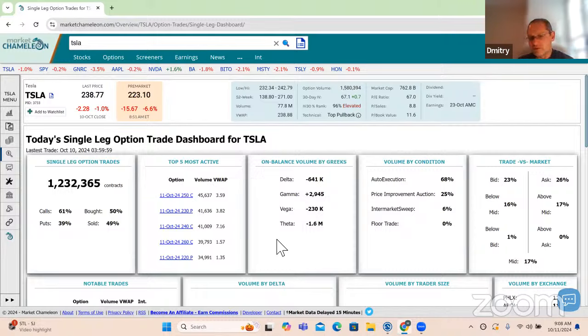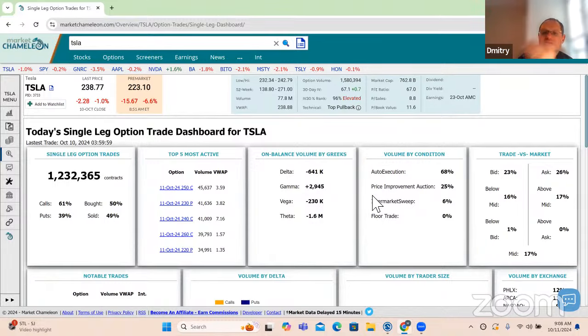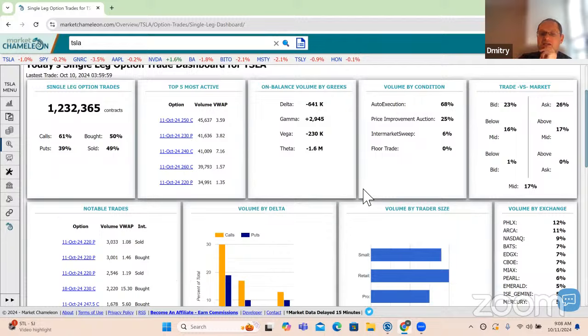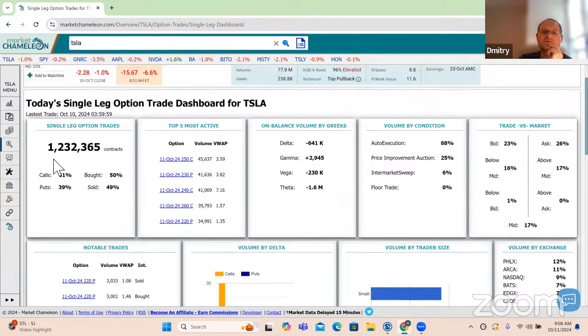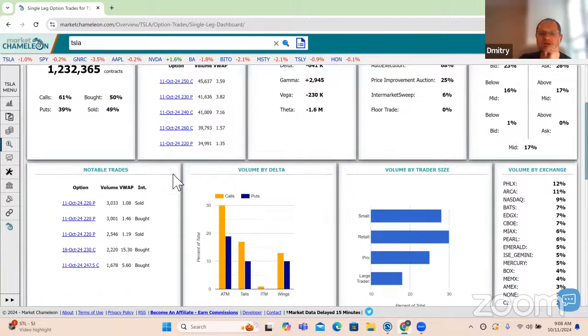Then it's performing these analyses to get different insights. We talked about some of the different metrics that we use to analyze it, the top part up here, notable trades. I think we did the traded volume by deltas yesterday, so we stopped there. So let's just continue from there.